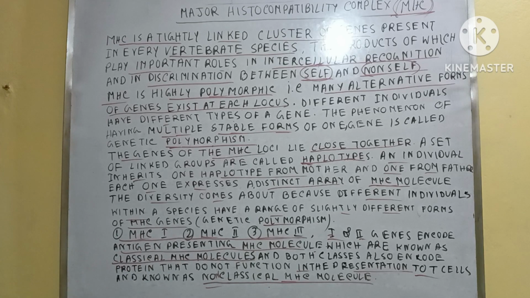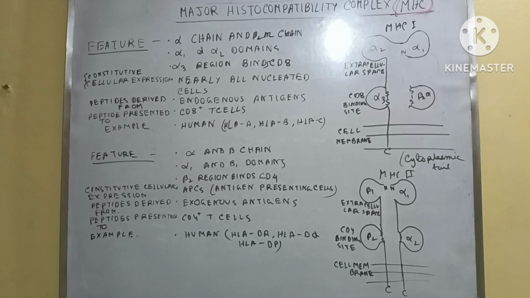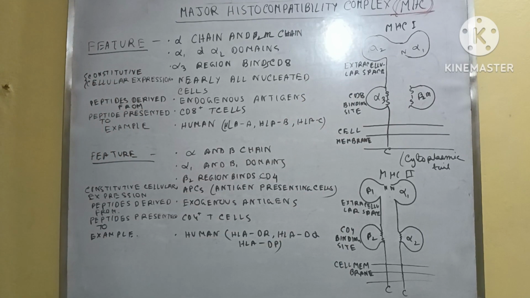After that we will learn about MHC1 and MHC2. Here are the two structures of the MHC1 and MHC2 genes. The first one you can see is MHC1, and the second one is MHC2.